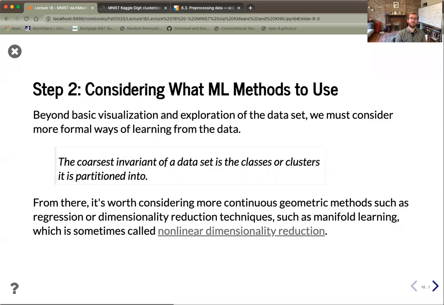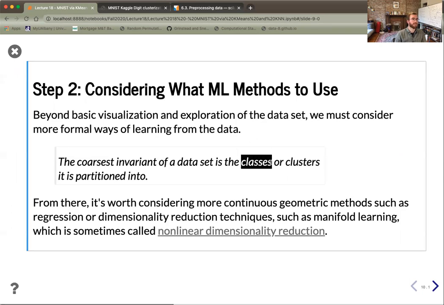I want you to think of there being a hierarchy of methods. Very often you should start with the simplest tools and only proceed to fancier tools when necessary. So what are the simplest or coarsest invariants of any data science task? I would argue that, especially when we're not doing prediction in the numerical case, when we're not doing regression, my apologies, then we want to be looking at just basic classification or clustering.